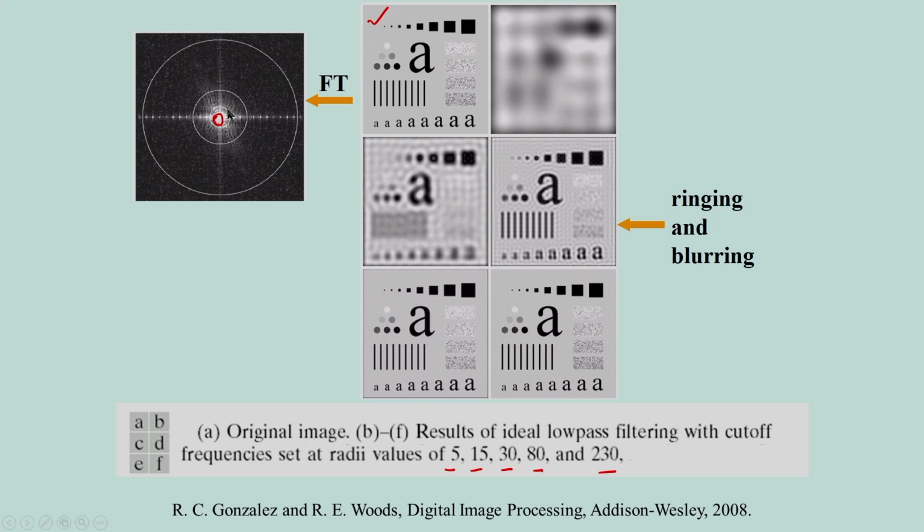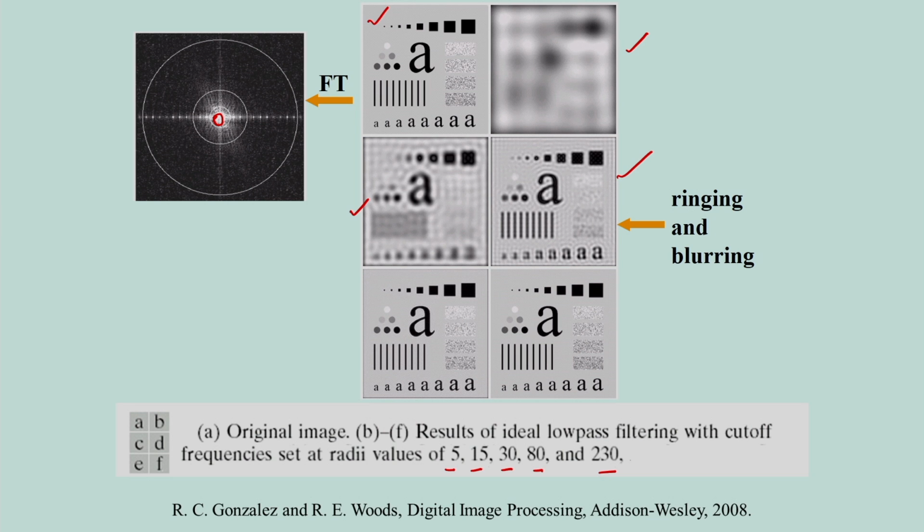Corresponding to this, this is my output image. It is a blurred image because I am considering only the low frequency information. If I consider a radius of 15, my reconstructed output image will be like this. Corresponding to 30, my output will be something like this.